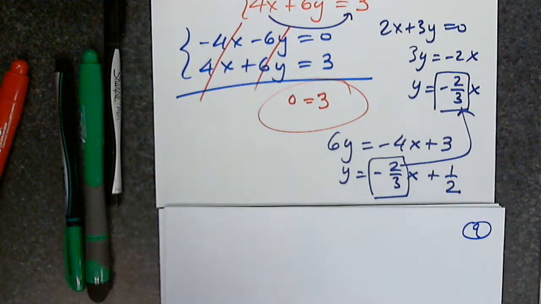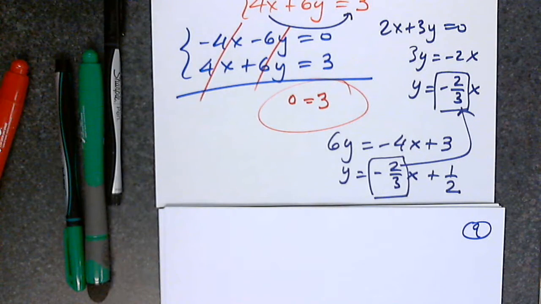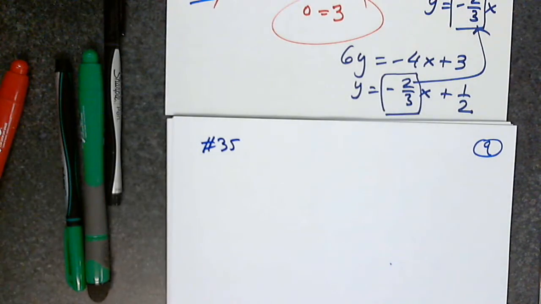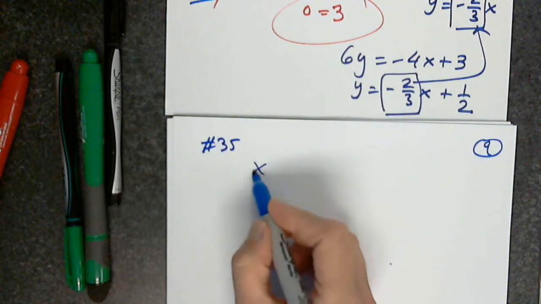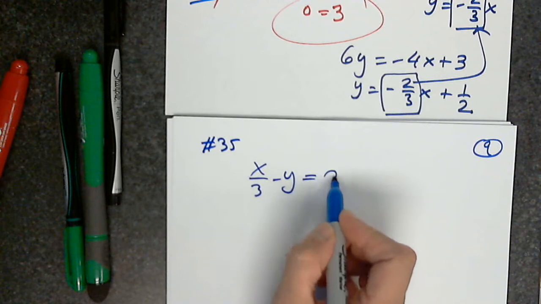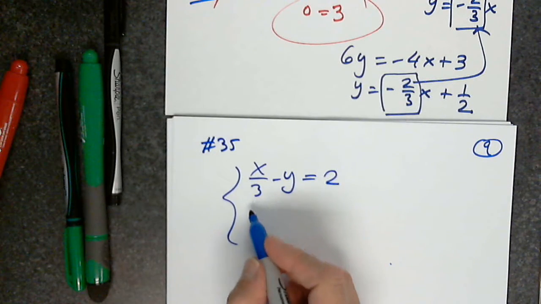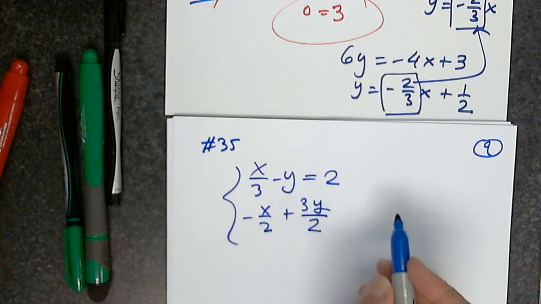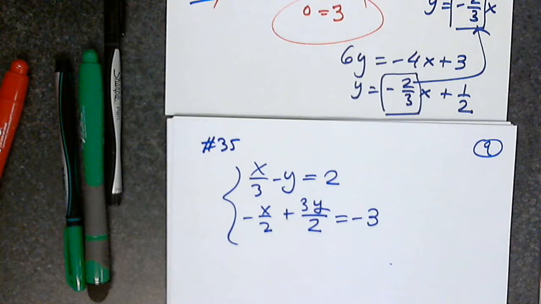Okay. I'd like to solve some word problems now with systems, but let me see. Let's look at one more, like 35. Number 35: x over 3 minus y equals 2, and negative x over 2 plus 3y over 2 equals negative 3.